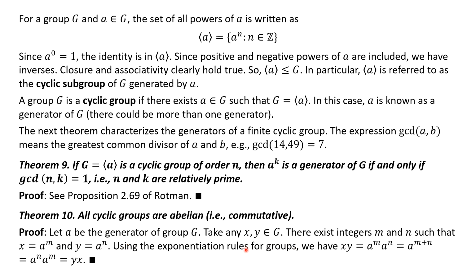Then using the exponentiation rules for groups, which we talked about earlier, x times y equals A to the m times A to the n, which equals A to the m plus n, and that equals A to the n times A to the m. In other words, it equals y times x. So we've shown commutativity here.